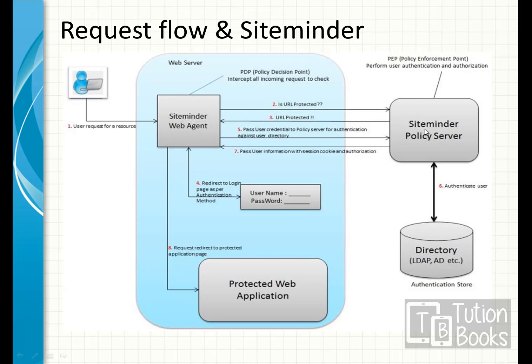Authentication method means how the user will provide their identity to the policy server, so that the policy server can find out this is a proper user who is accessing my resource. That will be defined in my authentication method.